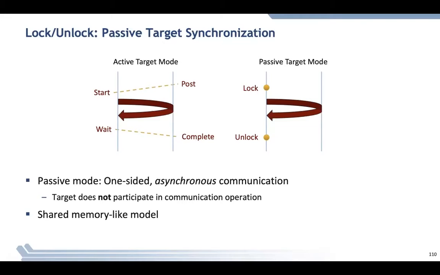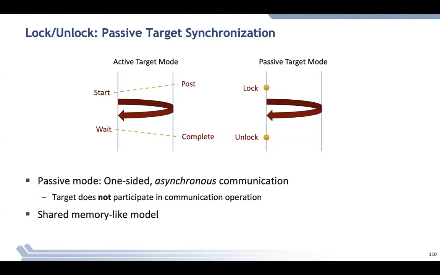Lock and unlock is an unfortunate choice of terms here. You're not really acquiring or releasing a lock. You are just starting a series of one-sided operations with a specific rank.